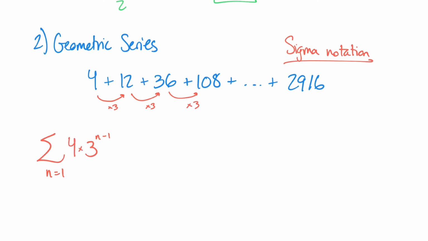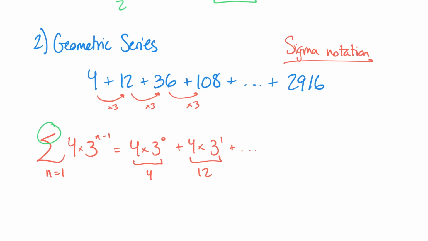And then I just check if this makes sense, okay? Because the first term would be 4 times 3 to the power of 0, plus 4 times 3 to the power of 1, plus blah, blah, blah. This one is 4, this one is 12, and if we keep checking, we get 36, 108, etc. Now, there is still something we're missing, though.